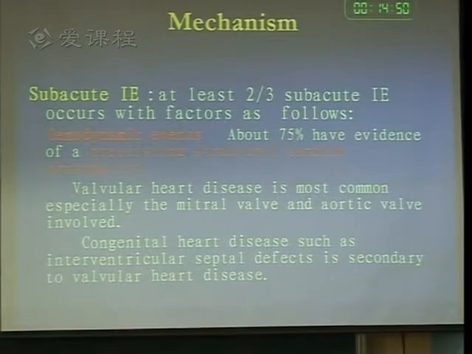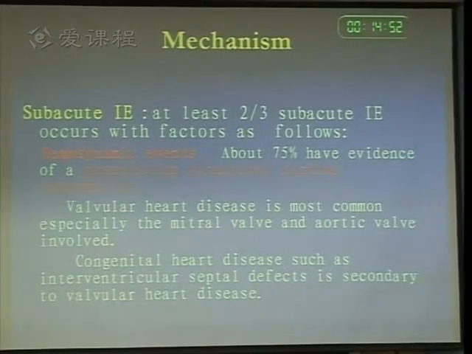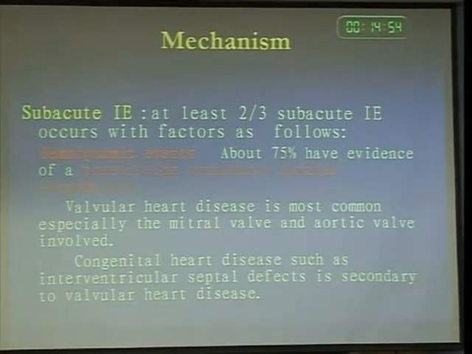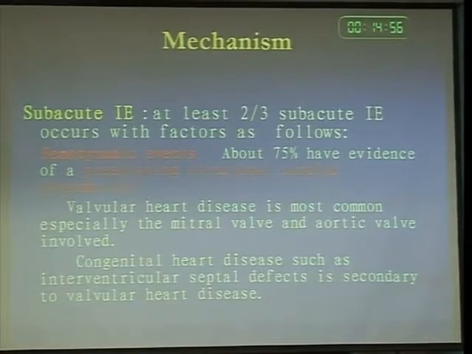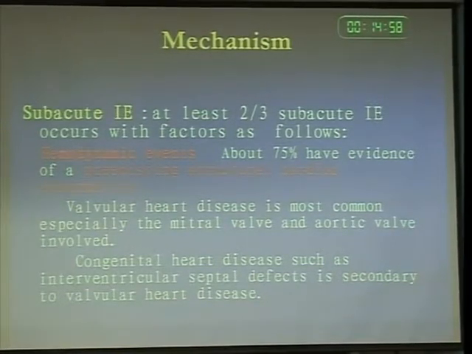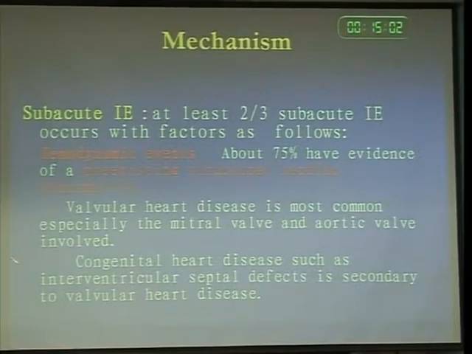How about the mechanism for the subacute IE? At least 2/3 of subacute IE occurs with the following factors. The first one is the hemodynamic events. About 75% have evidence of pre-existing structural cardiac abnormality.